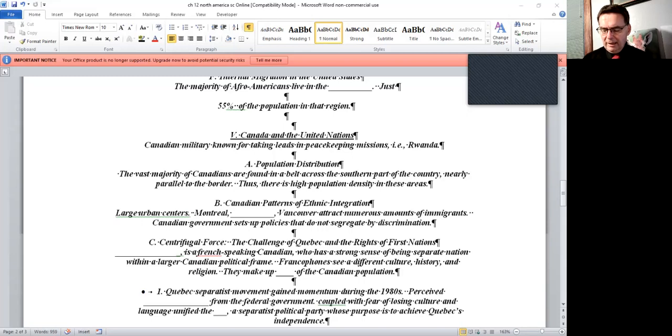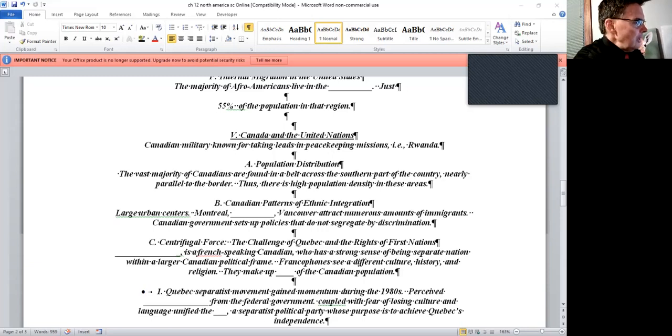Montreal, of course, is in Quebec. Toronto, in the maps there, you can see the southeastern part of the province, and then Vancouver over in British Columbia along the west coast. And these attract numerous immigrants. The Canadian government sets up policies that do not segregate by discrimination.